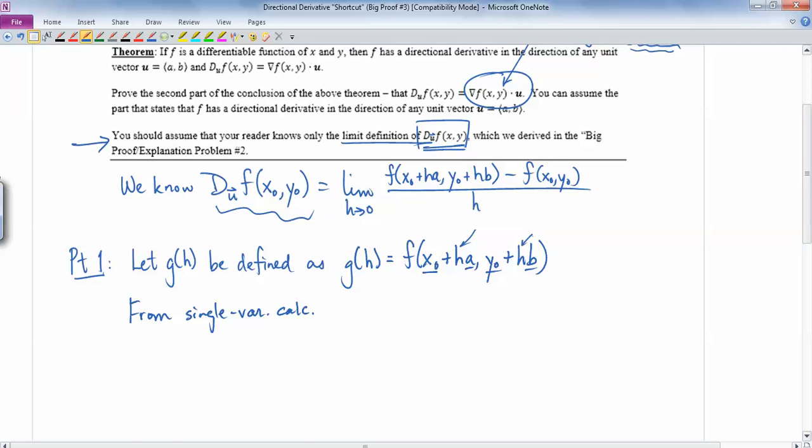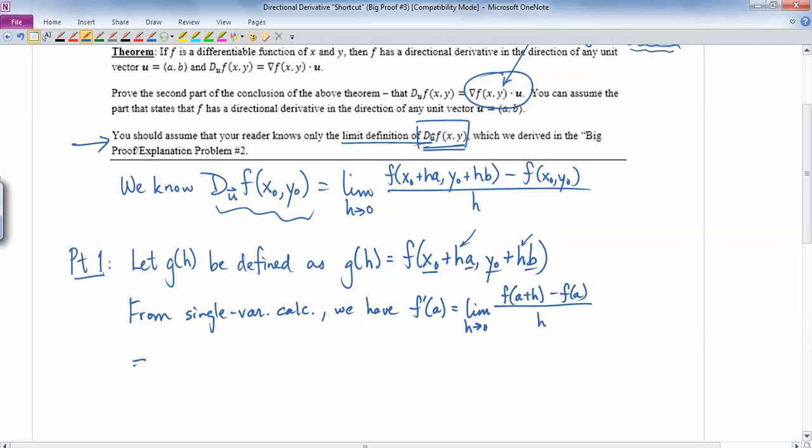So let's take a look at this. We know from single variable calculus that f prime of a, the derivative of f at the point x equals a, can be written as the limit as h goes to 0 of f of a plus a little bit minus f of a over a plus h minus a, which is just h.